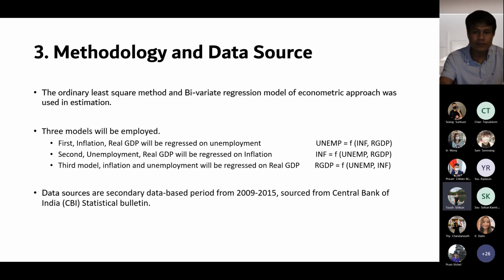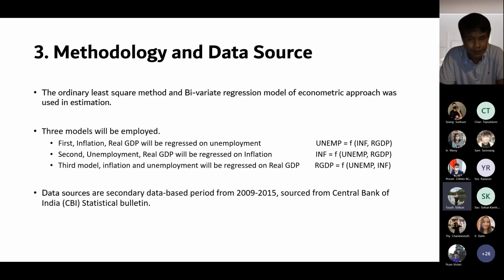To explain these models, take the first model, where inflation and real GDP are regressed on unemployment. It means they are testing whether inflation and real GDP have a relationship with each other and whether they affect unemployment or not.